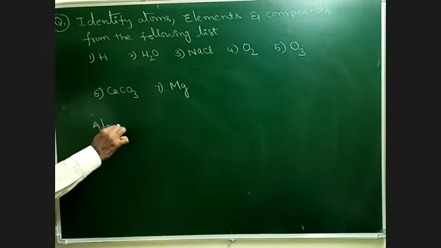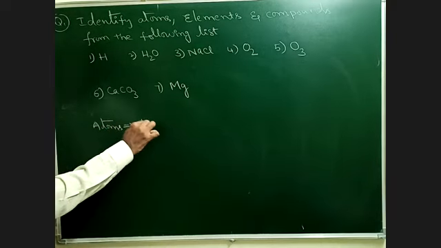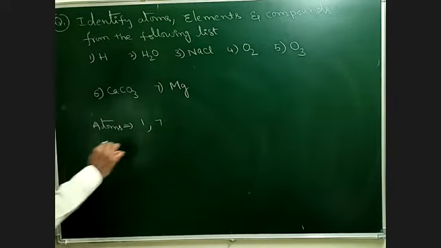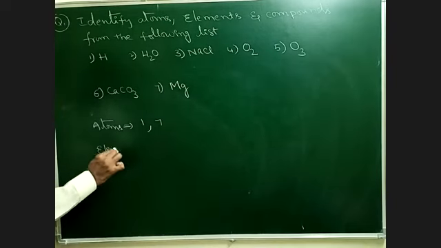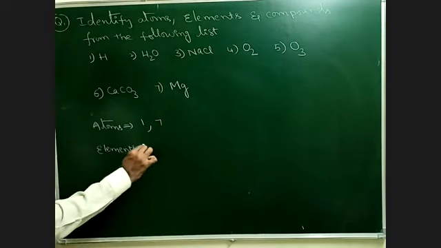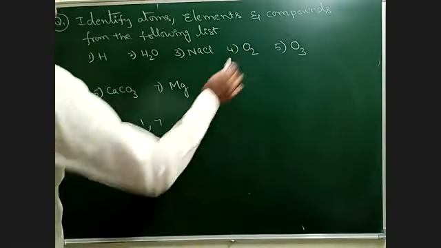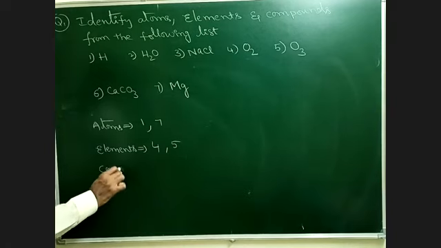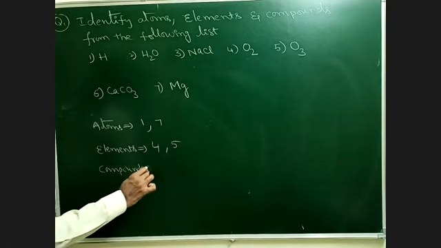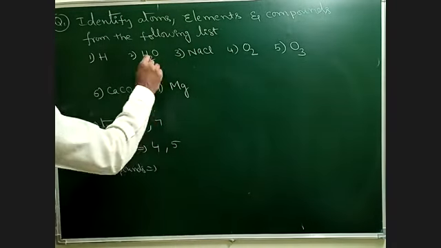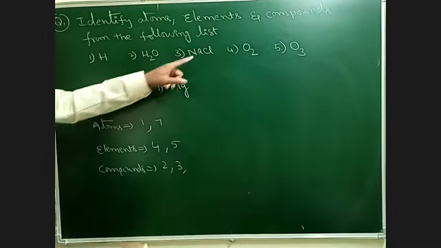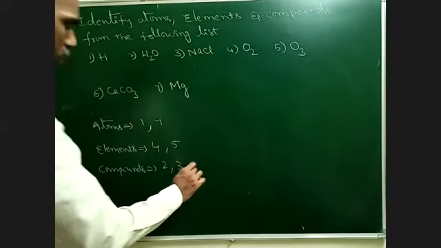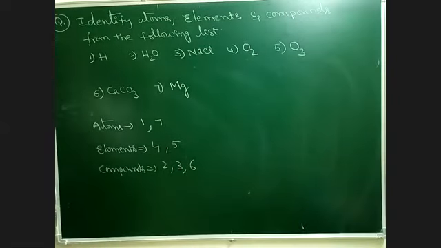Atoms: first one, seventh one. Then elements: here the elements are the same kind, fourth one, fifth one. Then compounds: second one, third one, different types of atoms, and sixth one.